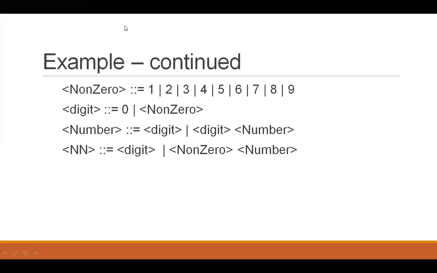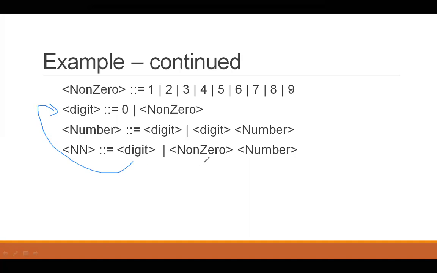In this definition, a natural number can always be expanded to a digit. The digit is 0 or non-zero, but that can only be done when it's a single digit.